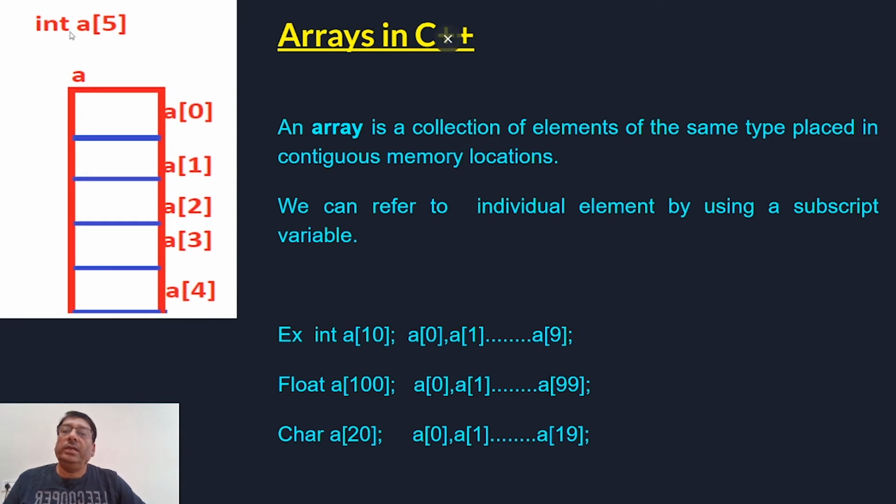When I write integer A of 5, I am reserving 5 memory locations which are referred to by A of 0, A of 1, A of 2, A of 3, A of 4. And for all these locations, you are giving the name A. It is as good as a 5-storied building where the name given to the building is A, and the apartments are called the ground floor, first floor, second floor, third floor, fourth floor, and so on.